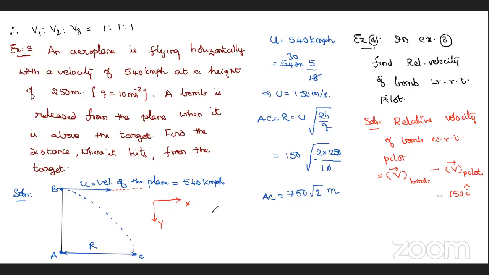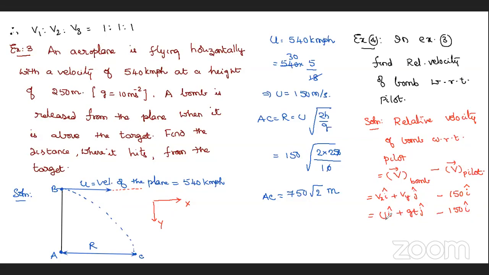And the velocity of the bomb, following the parabola, we already know. In vector form, V bar of the bomb is Vx i cap plus Vy j cap. Vx is U i cap, plus Vy is gt j cap, minus 150 i cap.